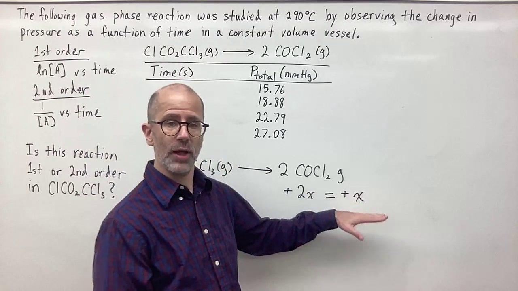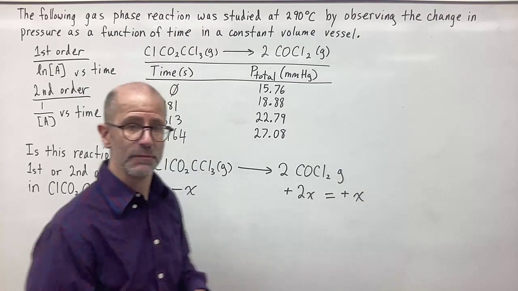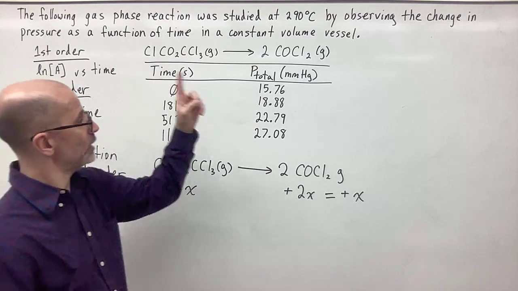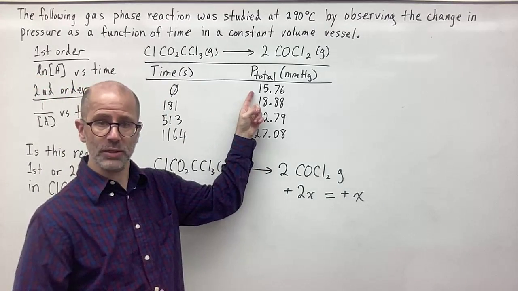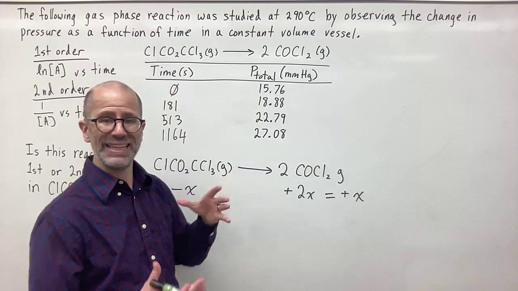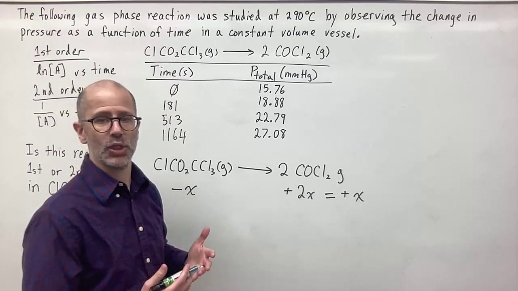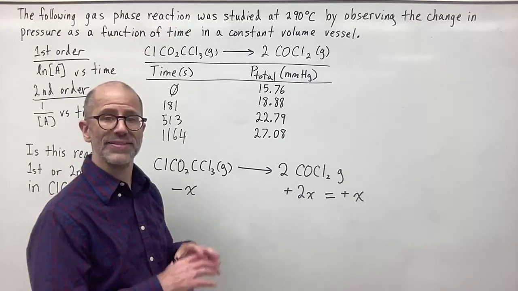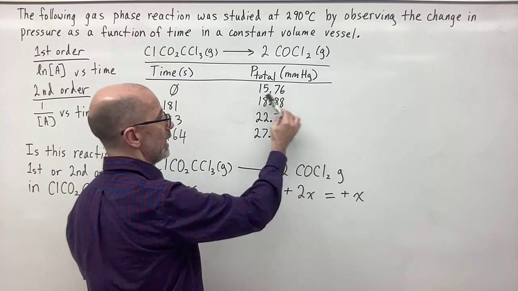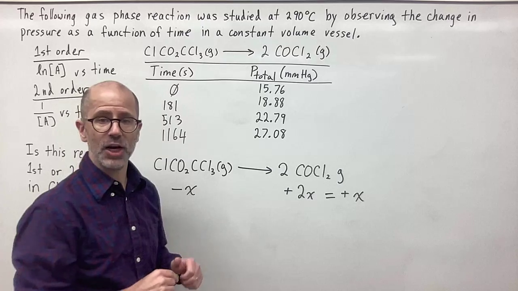Well, how do I find that plus x amount? Let's go to the data. At time 0, I started with a total pressure of 15.76 millimeters of mercury. At the very beginning of the reaction, all I have in my reaction vessel is reactant, so I have 0 product. This pressure is due only to the reactant I started with.